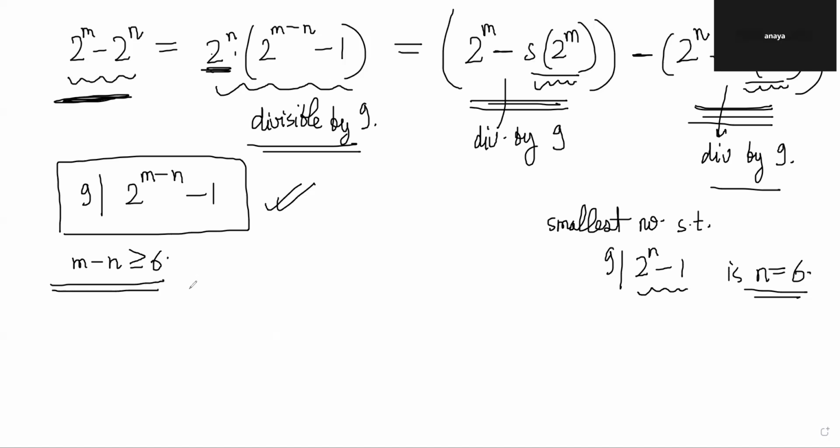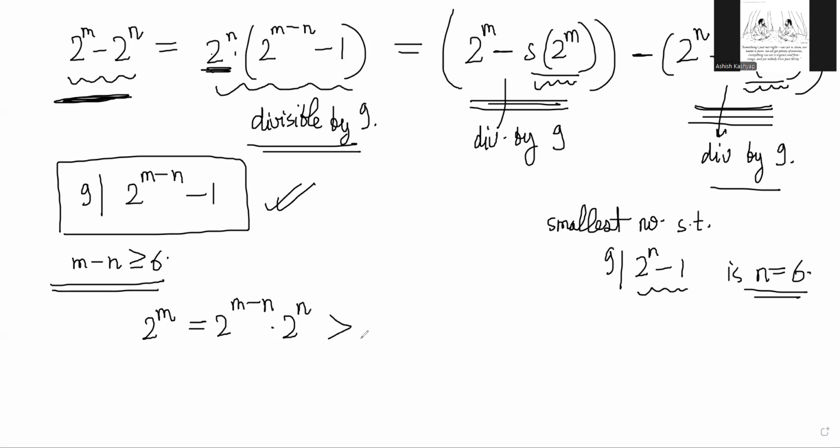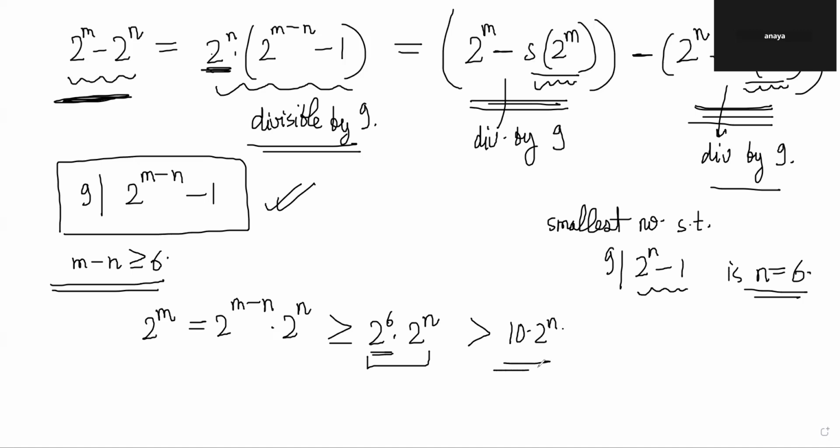Then 2 power m is equal to 2 power m minus n into 2 power n, which is greater than or equal to 2 power 6 into 2 power n. But now notice that 2 power 6 is 64, which is obviously greater than 10 into 2 power n. And this automatically means that the number of digits are different now.